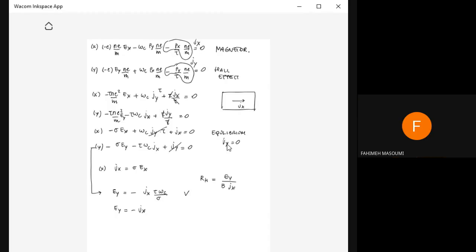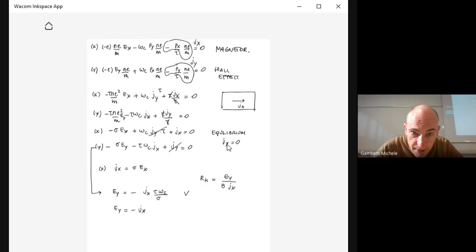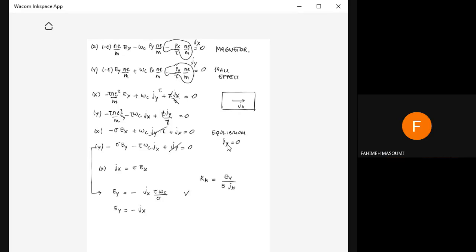You mean the y direction? Yes, please, the y direction. Because the electric field that sets in when you apply the magnetic field is only in the y direction, the equation concerning the y direction is the equation about the Hall effect. Okay, thank you.